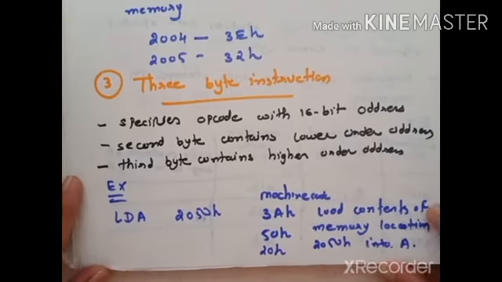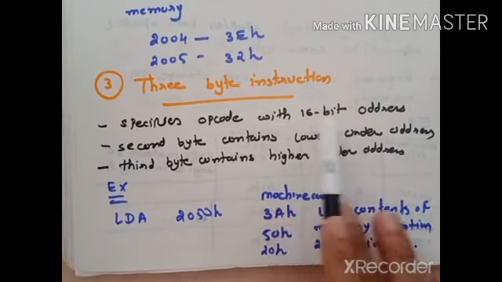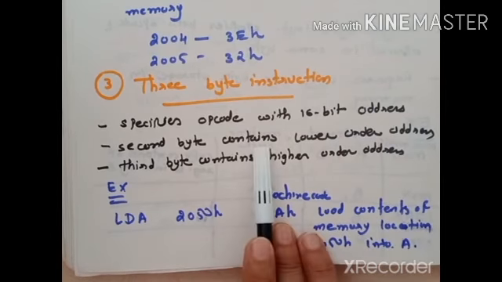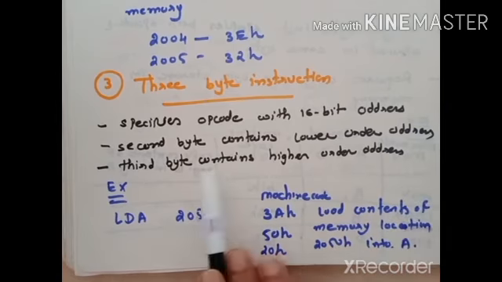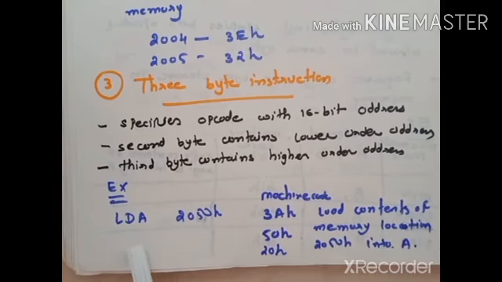Next, 3 byte instruction. It specifies opcode with a 16-bit address. In this, the second byte contains the lower order address and the third byte contains the higher order address. An example of that instruction is LDA 2050.